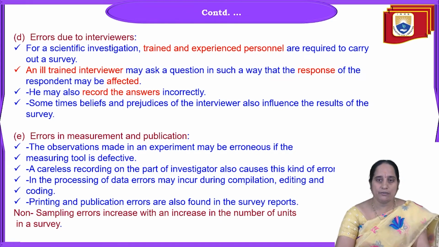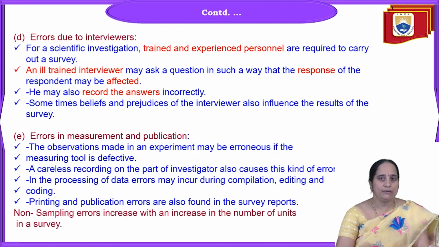In the processing of data, errors may be incurred during compilation, editing and coding. At these stages also we can find measurement errors in a research study. Printing and publication errors also lead to errors in measurement.